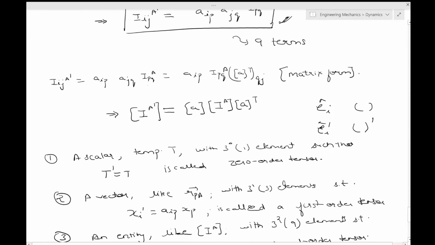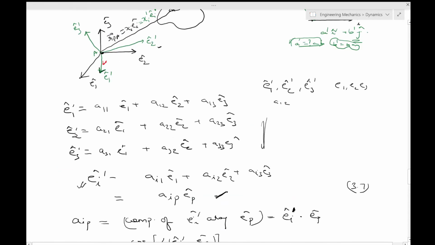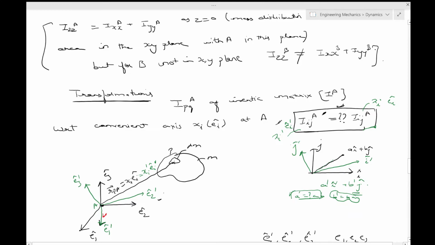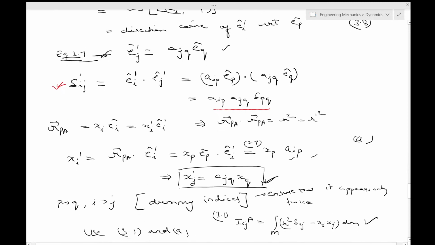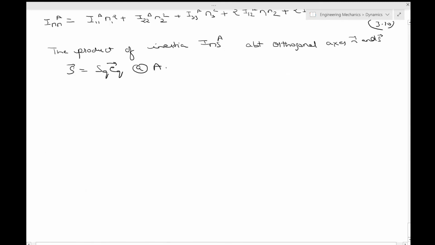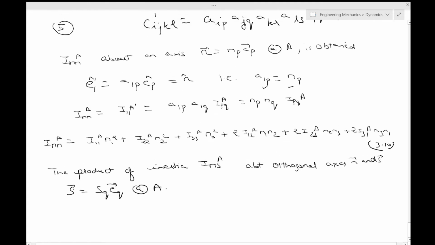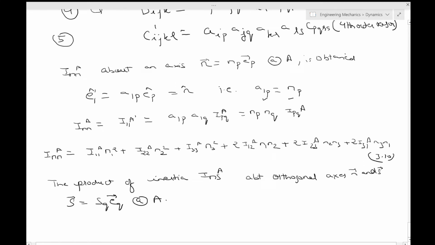So for example, if this over here, e2 dash is equal to s, okay, so yes, this would mean that a2q will be equal to s_q. So a21 will be equal to s1, a22 will be equal to s2, and a23 will be equal to s3.